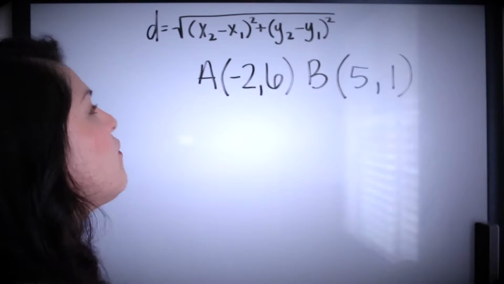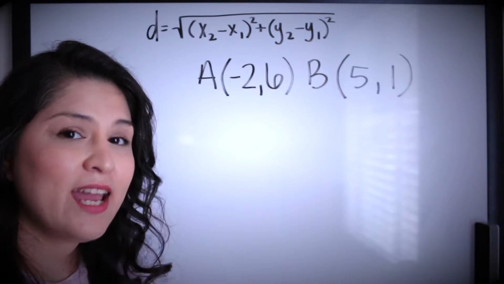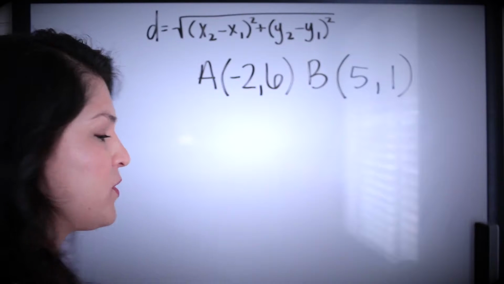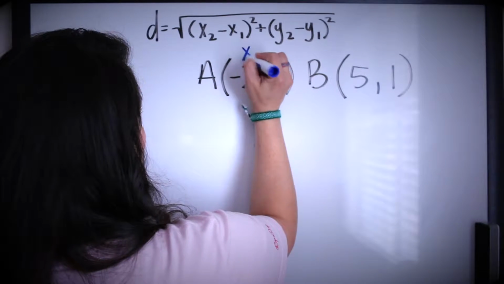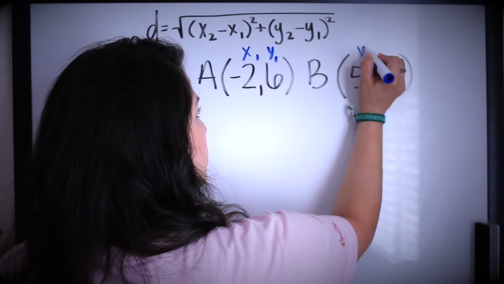So, for example, in the first version, I'm going to assign A x1, y1. So B would be assigned our x2, y2.